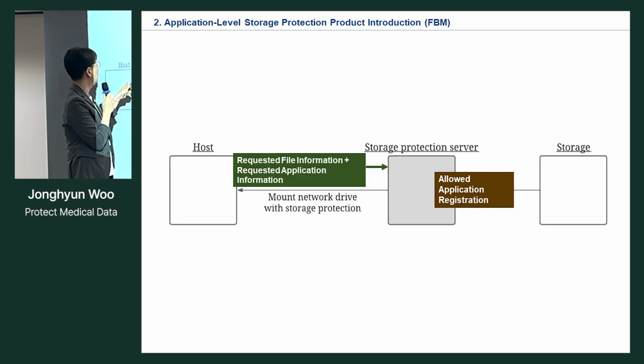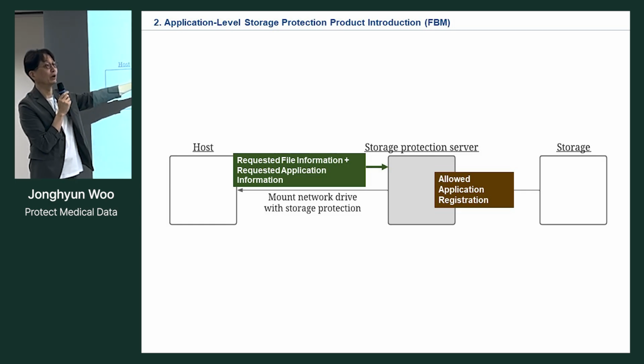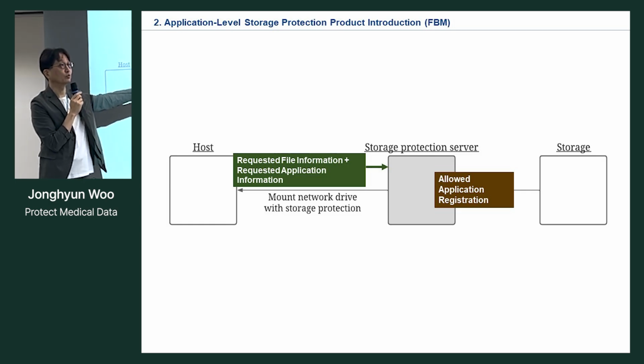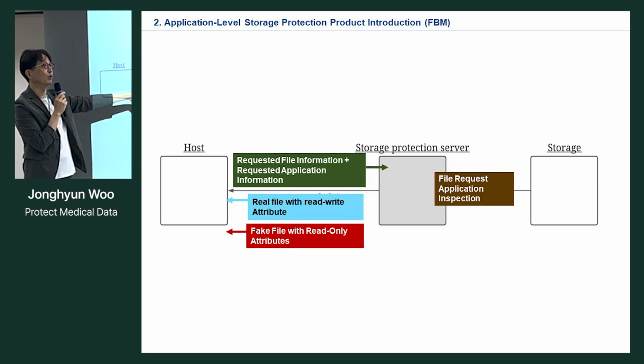Once the host wants to access a file on the storage, the middle layer examines whether the requesting application was pre-registered. If it was, it provides the real file. Otherwise, it provides a fake file.